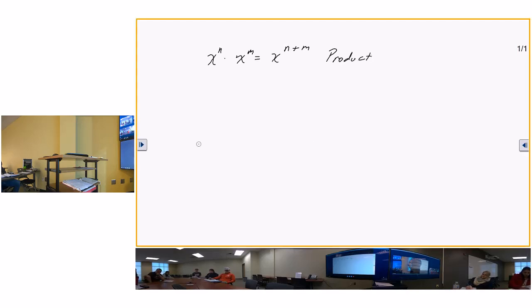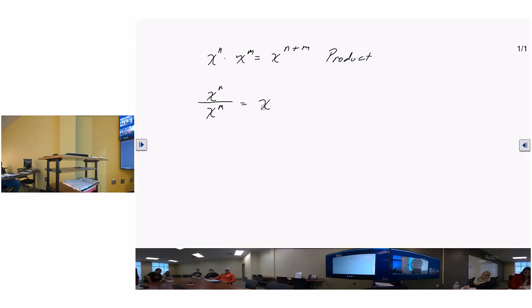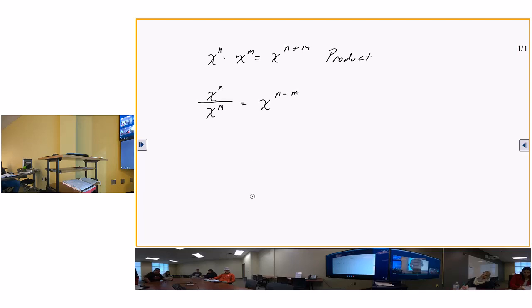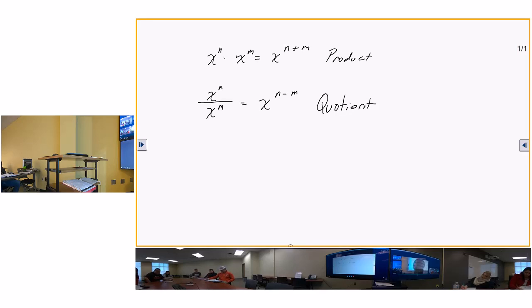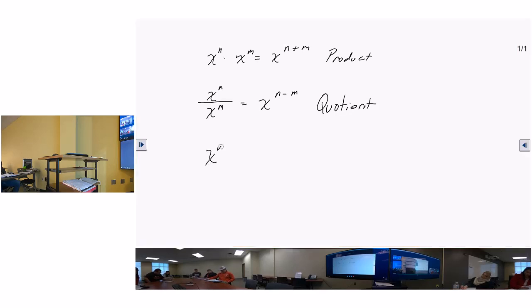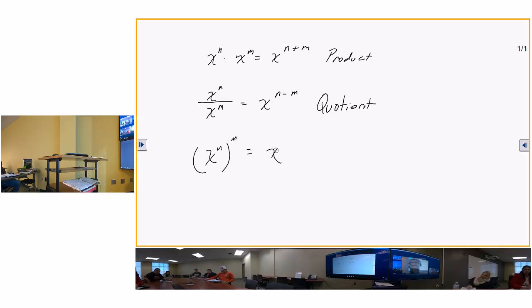The quotient rule: x to the n divided by x to the m is equal to x to the n minus m. And what rule is that? The quotient rule. The power rule: x to the n, raised to the m, is equal to x to the n times m, which is the what? The power rule.